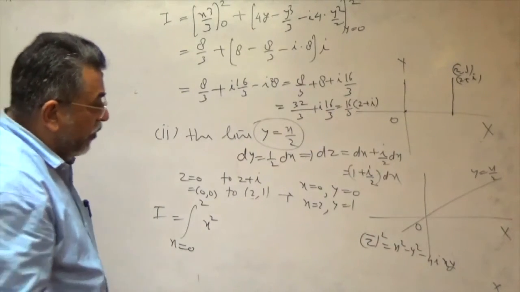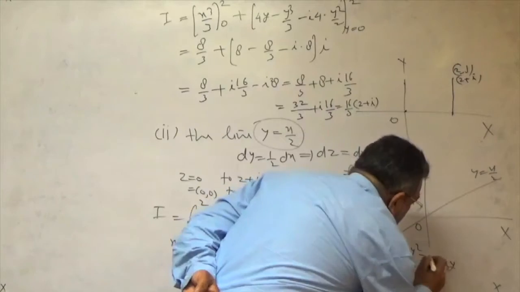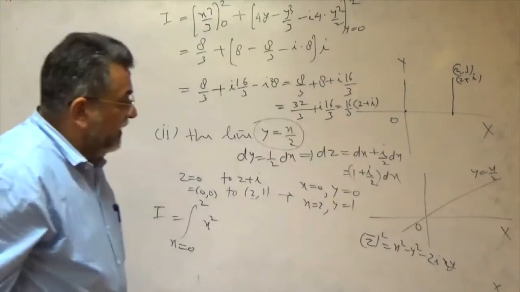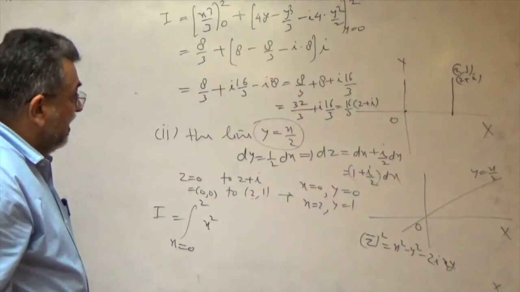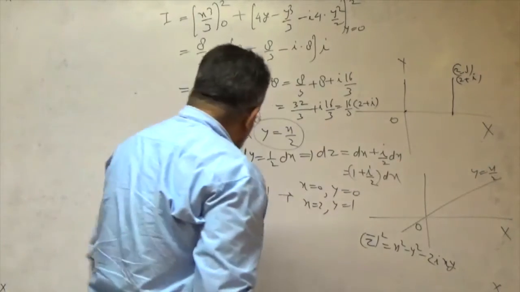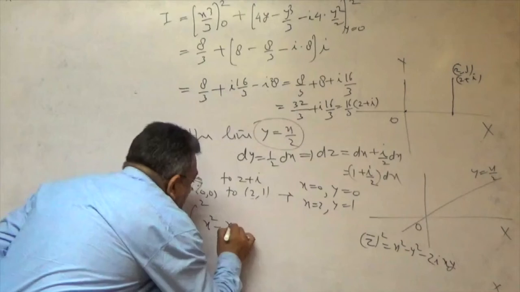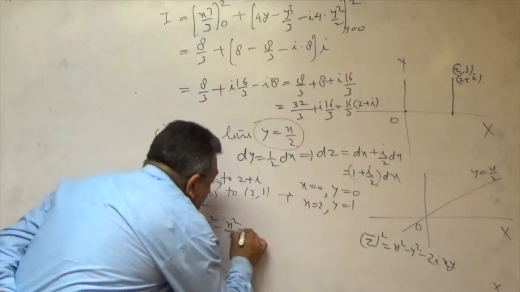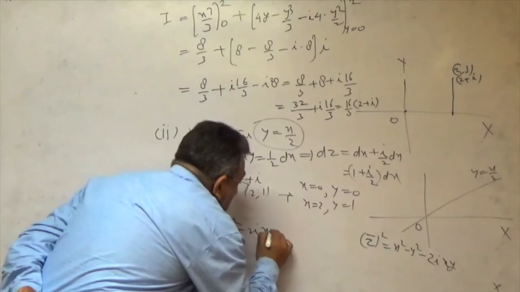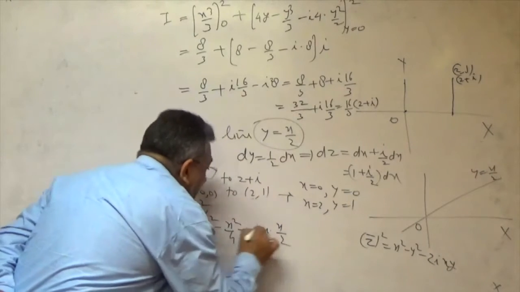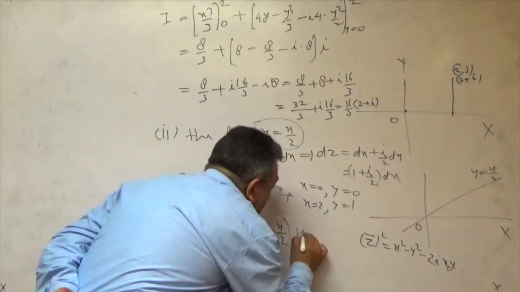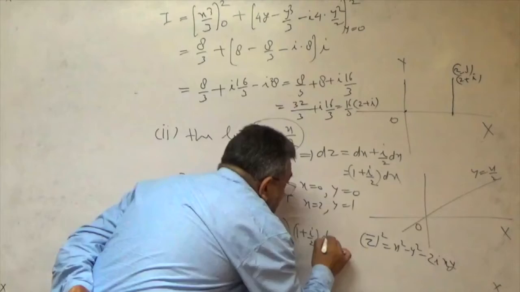This is the whole square opened. Then on y equal to x by 2, we get x square minus x square by 4 minus i x square, and dz means 1 plus i by 2 dx.